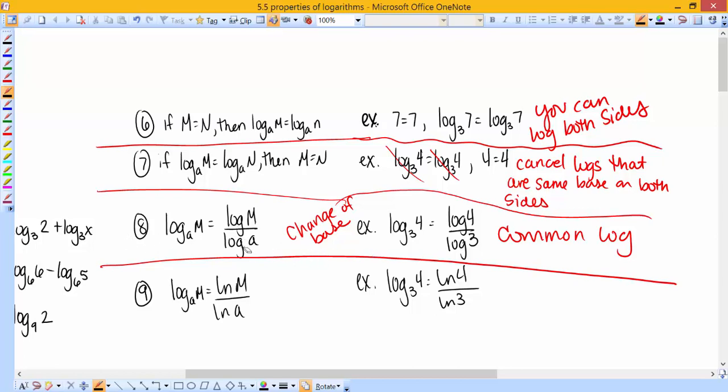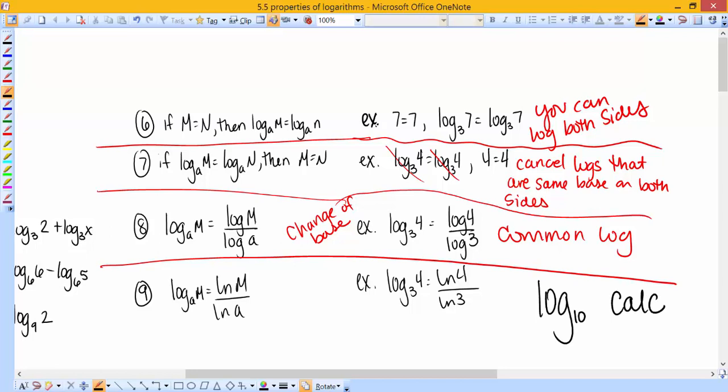8 is our change of base formula, so we could use the common log in our calculator. Also with your calculator, do not jump the gun on solving with a calculator. You will not be able to do that with most of these logs. You're going to have to use the properties. You cannot use a calculator unless you have a log base 10.